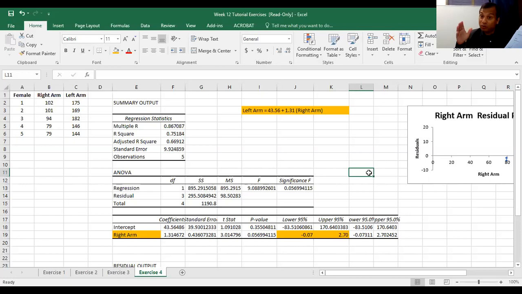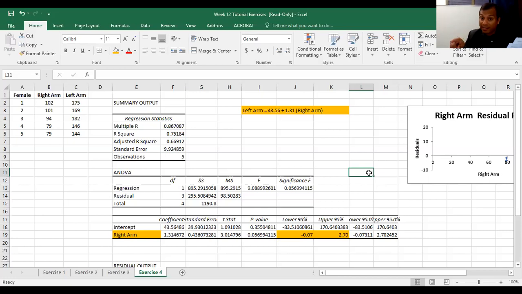I mean to say the slope could be 0 as well. At the 95% confidence level, there are chances that the slope could be 0 as well because it lies between minus 0.7 and 2.7. So the interpretation over here, based on that, is: is there a linear relationship between X and Y?